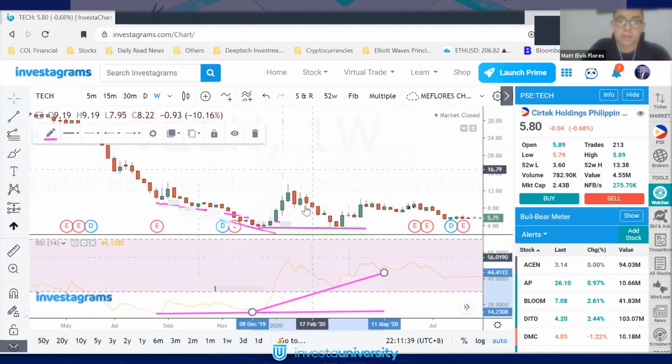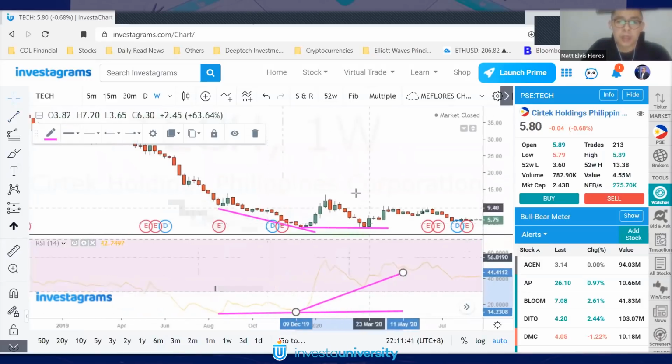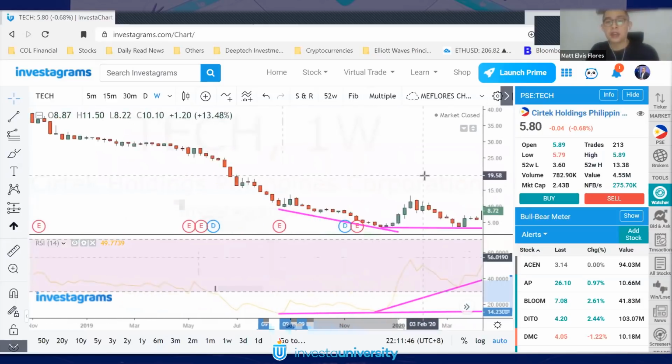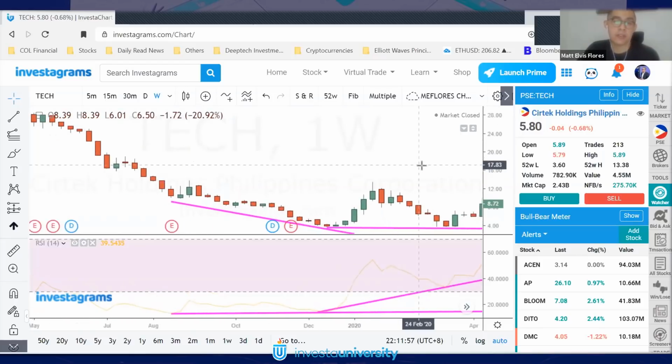And then, strength. And this is using weekly. So the expectation is, the longer the time frame you use, and there's a bullish divergence using MACD or relative strength index, the stronger it is, especially on monthly or even weekly.